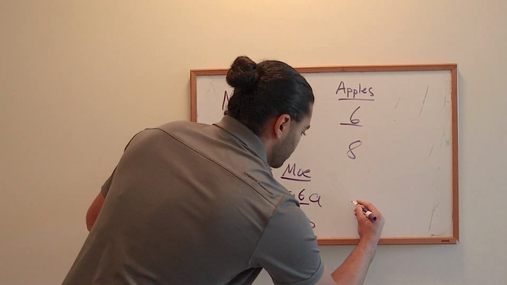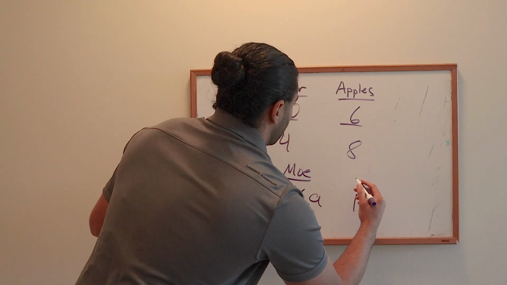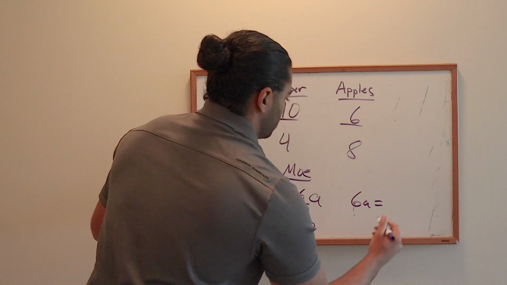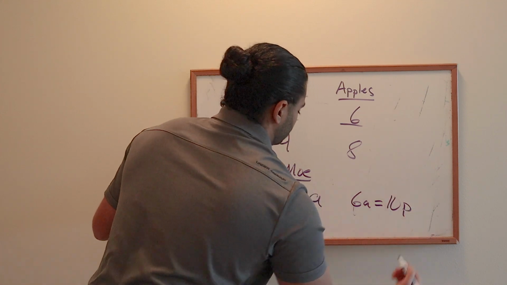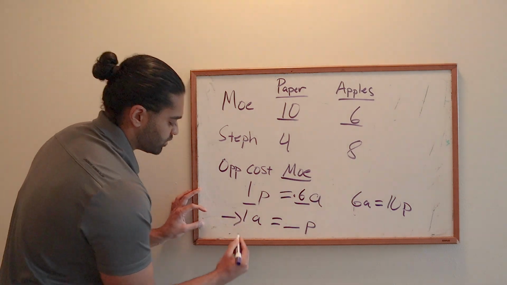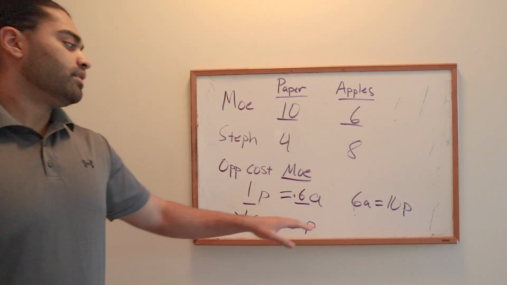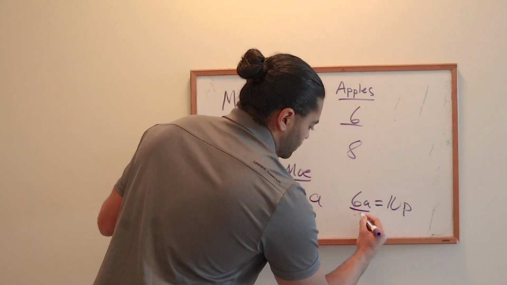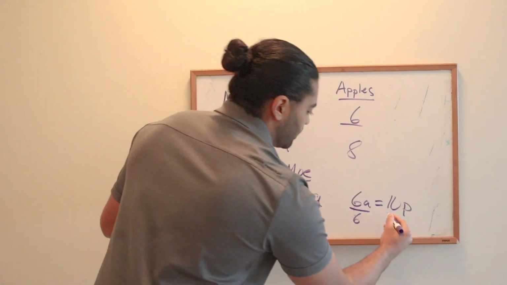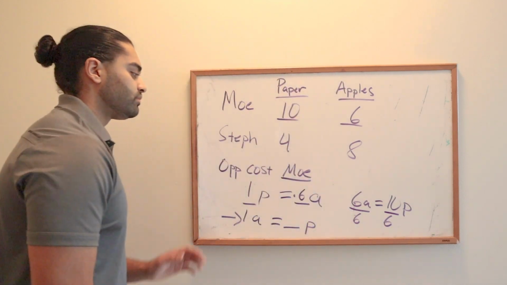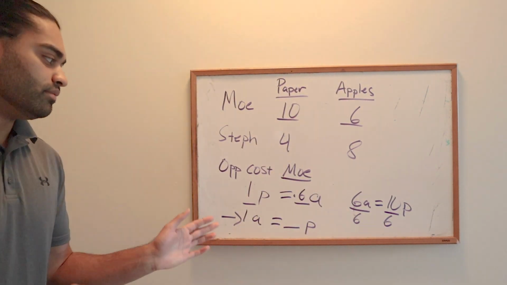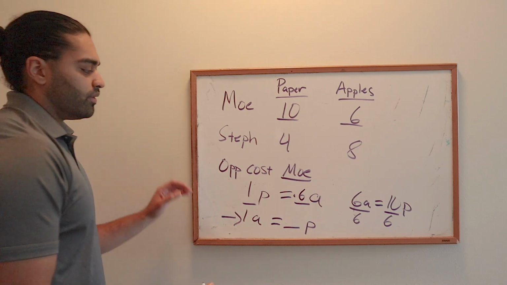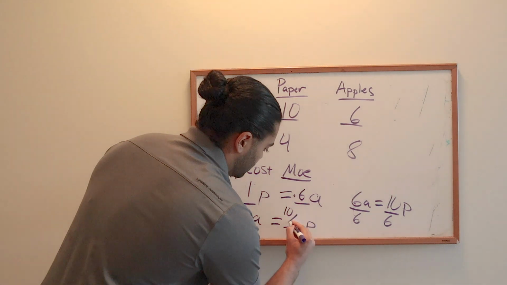But now it's going to be 6 apples equals 10 paper, because again, we're focusing on this one now. We want this to look like that. So we're going to divide by 6 on both sides. You always want to cancel out the left-hand side. So it's going to be 10 divided by 6. Now you can divide it down, depending on what the answer choices are, but we can just leave it as 10 over 6 as well.